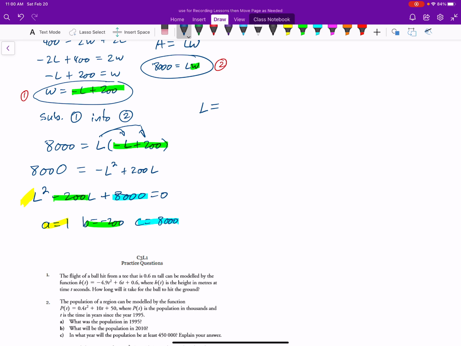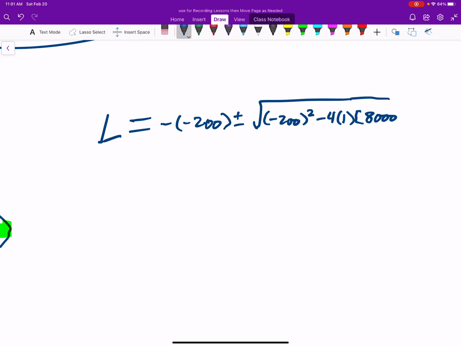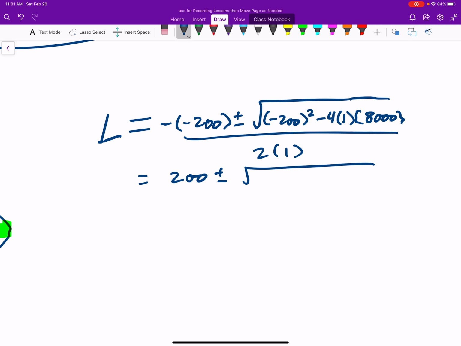So 1, negative 200, 8,000. So plug that in. So negative negative 200 plus or minus the square root of negative 200 squared minus 4 times A, which was 1, times C, which was 8,000, all over 2 times A. So positive 200 plus or minus the square root of, I guess, 40,000 minus 4 times 8,000, which would be 32,000, all over 2.